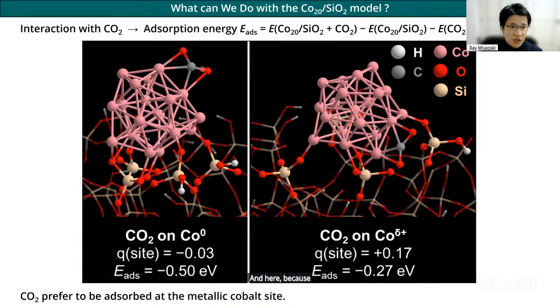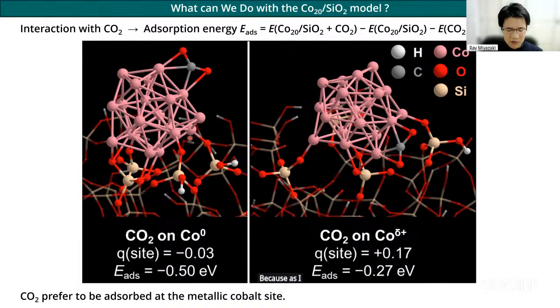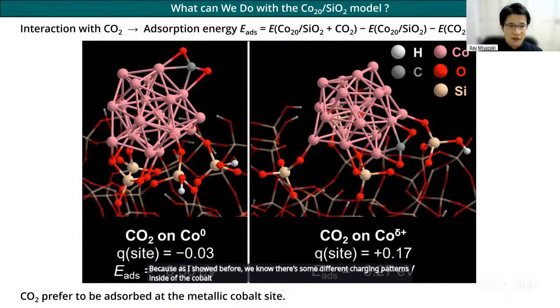As you can see, there are a lot of adsorption sites on the cobalt cluster, so the question is where we should put the CO2 molecule on this model. I picked the most negatively charged site and the most positively charged site of the cobalt cluster, because, as I showed before, there is a different charge balance inside the cobalt cluster, and I'm interested in this difference.